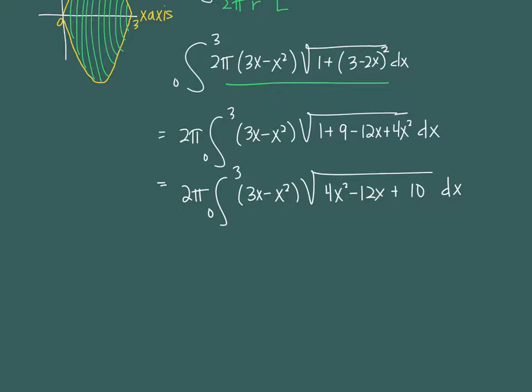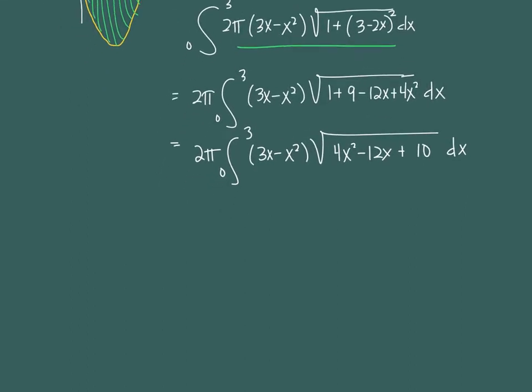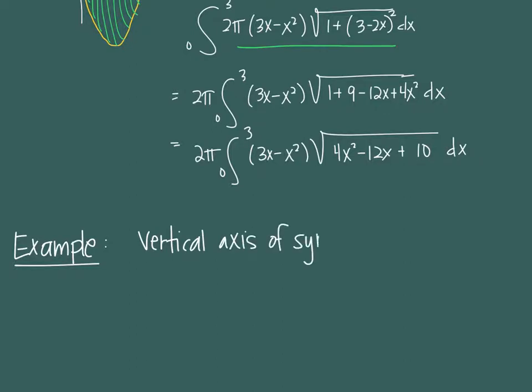Let's try one with an axis that's y. Okay, so the same thing, surface area with a vertical axis of symmetry along the y-axis. So as soon as you know it's vertical, you know you're going to be in terms of y.